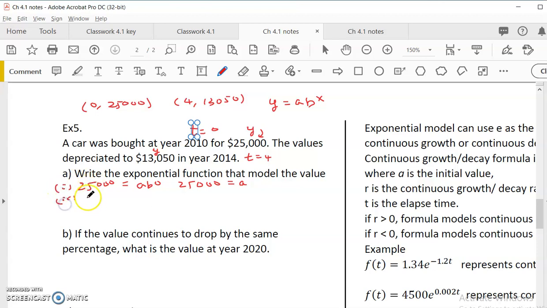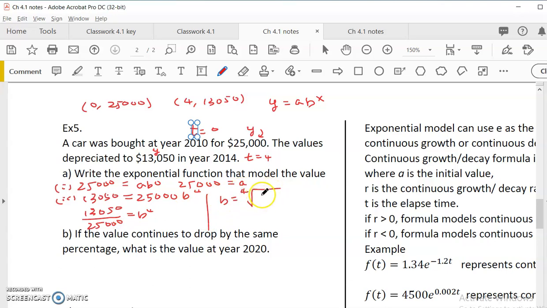The second equation is y equal to 13,050 equal to A, well, our A is 25,000, but let's just write it there, and B, we don't know, to the power 4. So I want to solve for B, so I want to isolate B to the 4. So B to the 4 would be 13,050 over 25,000, right?